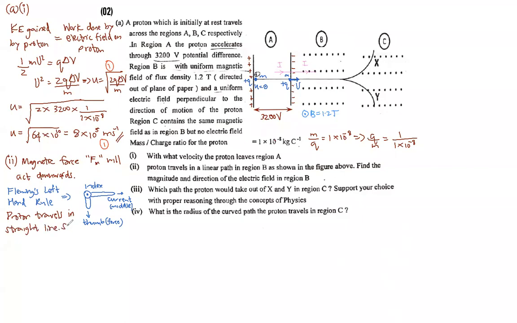So the electrostatic force should act upwards. Then only can the proton continue to move in a straight line path.